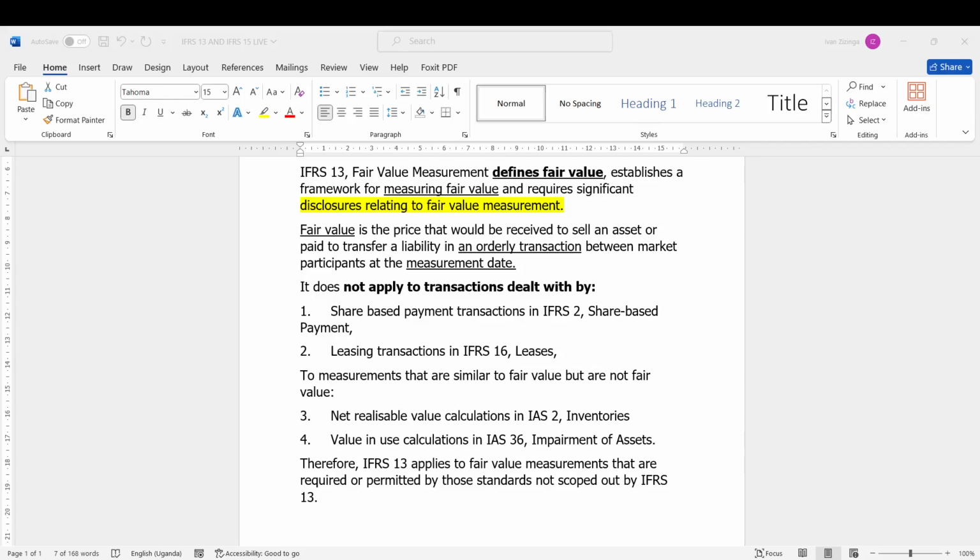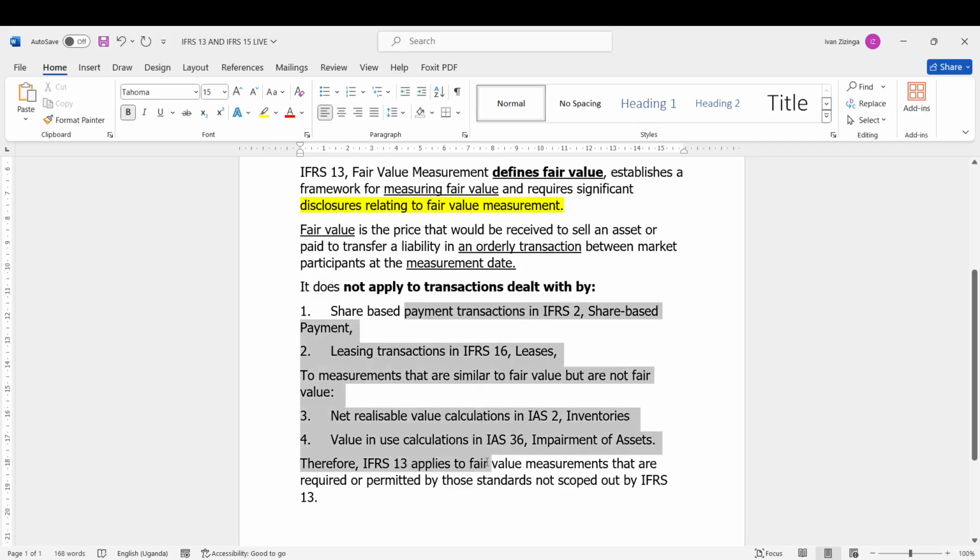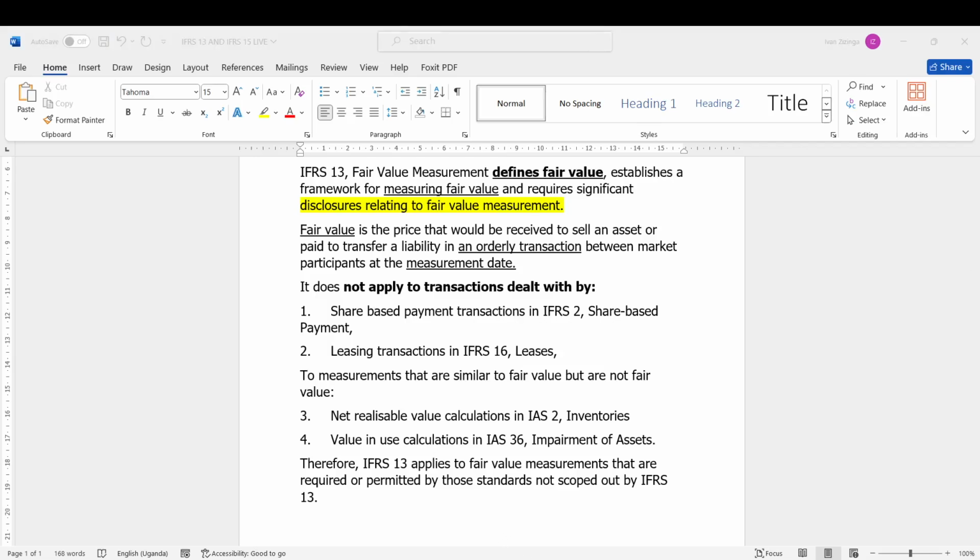Okay. So, Ivan, we've talked about all these standards, right? And those of you who are on track, you've covered all these standards. And so when I talk about share-based payments, equity transactions, you know that we talk about fair value. But that is guided by IFRS 2. So we cannot talk about IFRS 13 when looking at the fair value of the equity instruments.